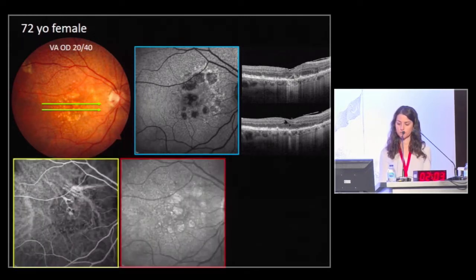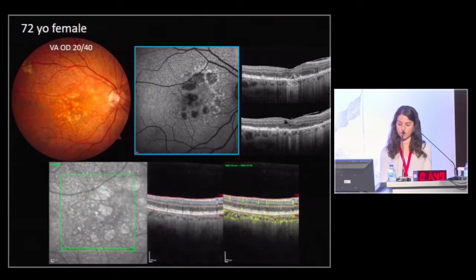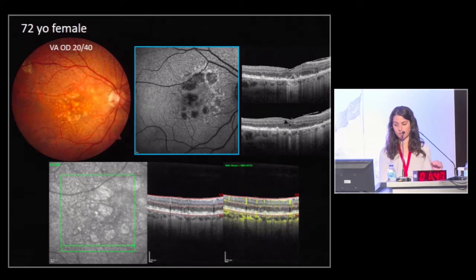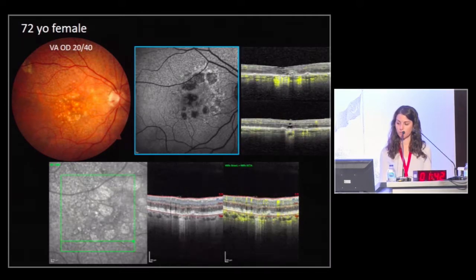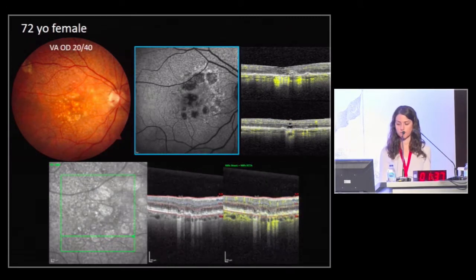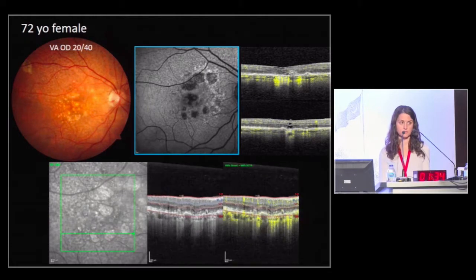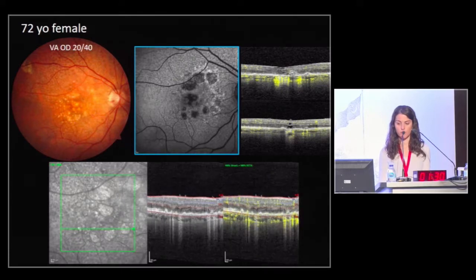It's really useful to use not only multimodal imaging with near-infrared and multicolor, but fluorescein angiography is not going to be really useful in these cases. We can use OCT angiography and raster all these lesions, and we are going to see that in this area of plateau we have no flow signal at all. So these cystic changes are related to the epiretinal membrane that this patient has, and this plateau sign has no exudative component.